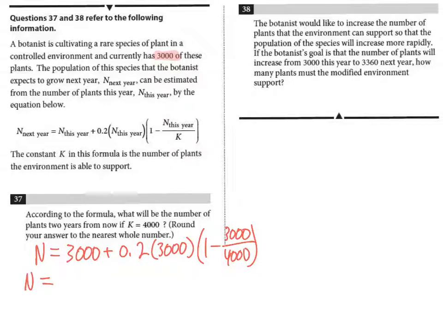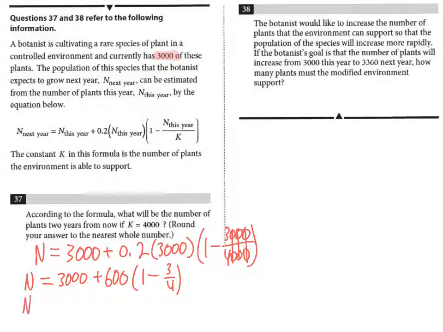Next year is going to be 3,000 plus, well, 0.2 is equal to 1/5. 1/5 of 3,000 is really 3,000 divided by 5. It's 600. Okay, and 1 minus, simplify this, it's going to be 3/4.